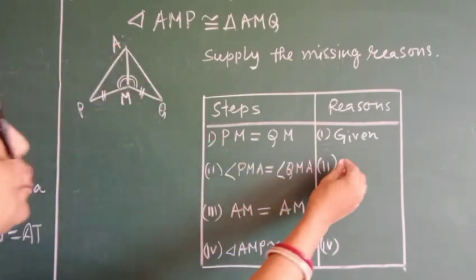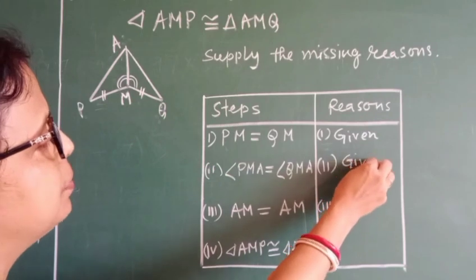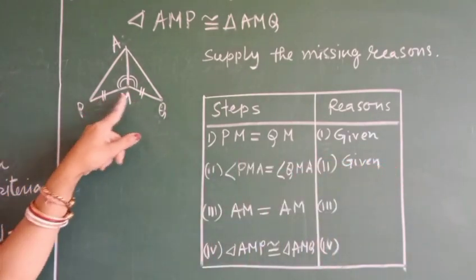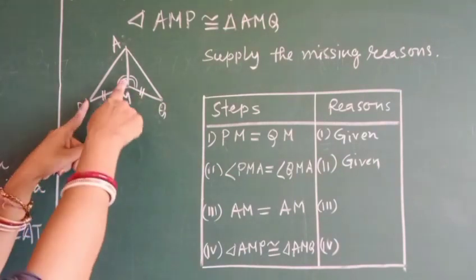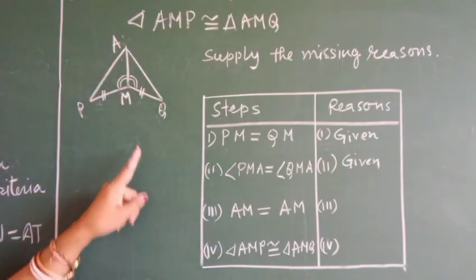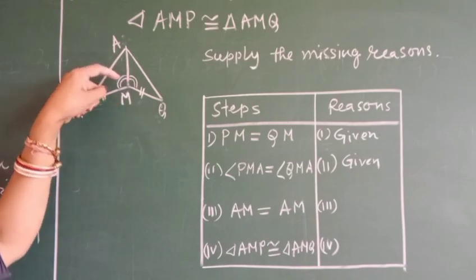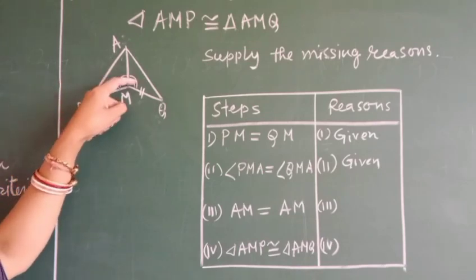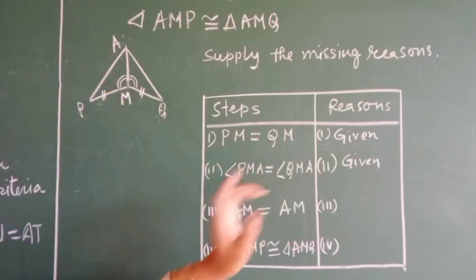So it is also given, you can see by the sign: the sign of these two sides is equal, PM is equal to QM, that means it is given. The sign of this angle is the same here also, so these two angles are also equal, that is also given.